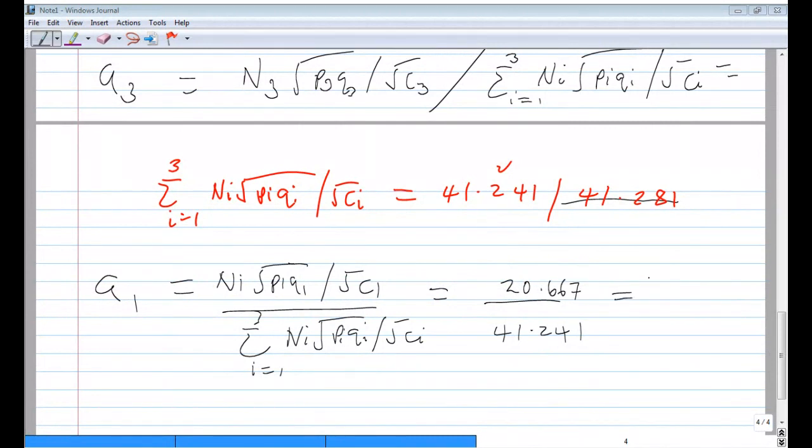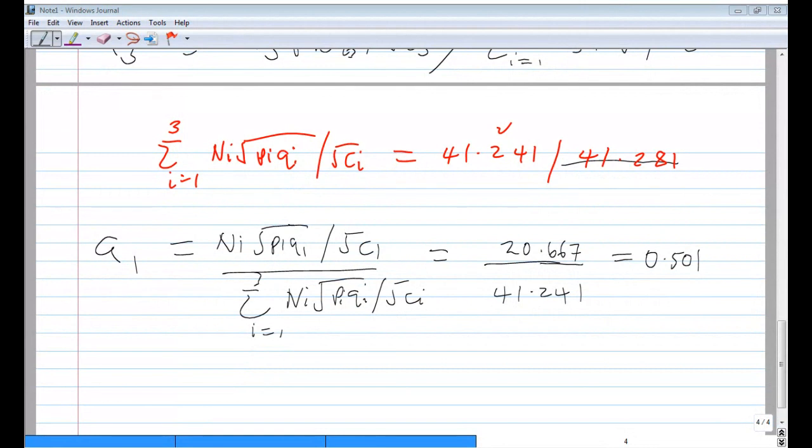What is the answer? 0.501. Let's put it to 3 decimal places. 0.501. Okay.